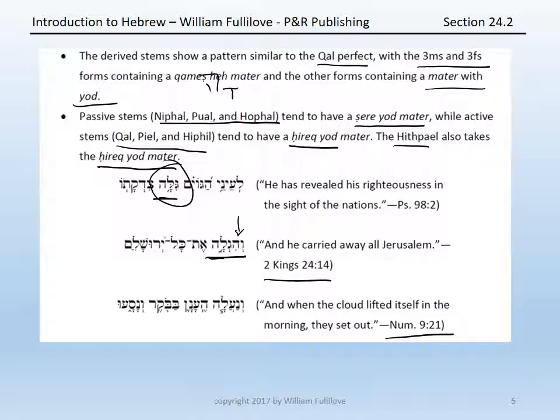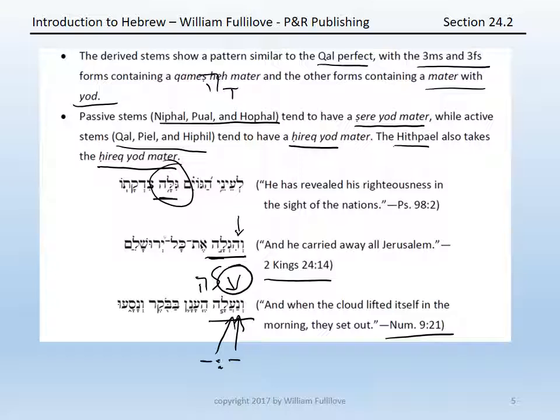And third, Numbers 9:21, Venaala he'anan baboker venas'u. And when the cloud lifted itself, venaala. So a Nifal converted perfect, third masculine singular of the root ayin lamed he, to lift. The tip off of the Nifal is the nun prefix. The a vowel, the patach, is due to the fact that the first radical of the root is an ayin, a guttural, which takes a compound shewa.